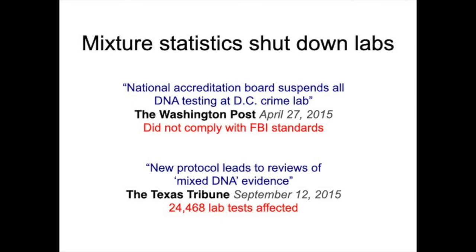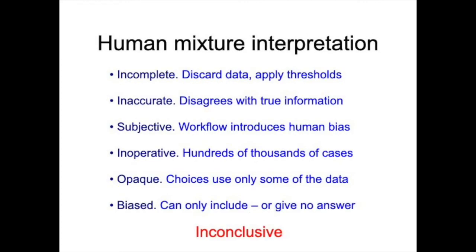Texas lab was concerned about mixed DNA evidence, and 25,000 lab tests were affected and reanalyzed using yet another version of CPI. So it was kind of a useless reanalysis. So human mixture interpretation is problematic. It's incomplete, discards most of the data, applies thresholds. It's inaccurate. It disagrees with the true information that's present in the data that can be measured.